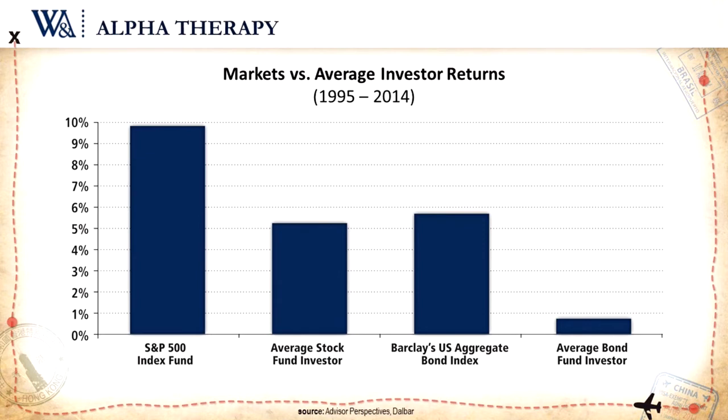Now, for average investors, and you've seen this slide before, but I think it's so important, if you go back and look over the last 20 years and separate out stock investors and bond investors, the average investor in the United States of America earns a return of about 5% annualized over the last 20 years, where the S&P 500 compounded at about 10%. So they're getting half of the rate of return.